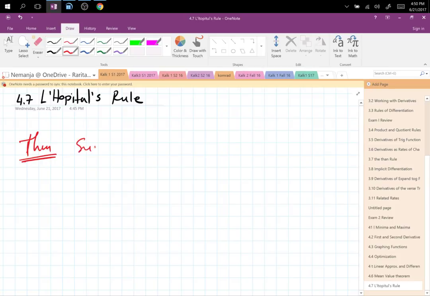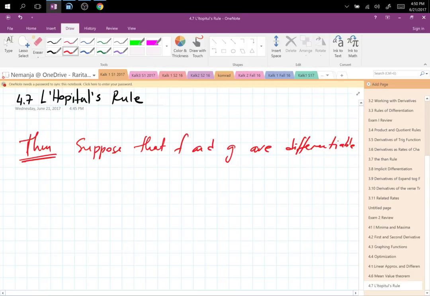So suppose that f and g are differentiable on some interval I, and that g of x is not 0, and then g prime of x is not 0.